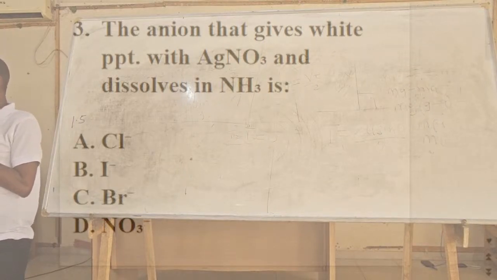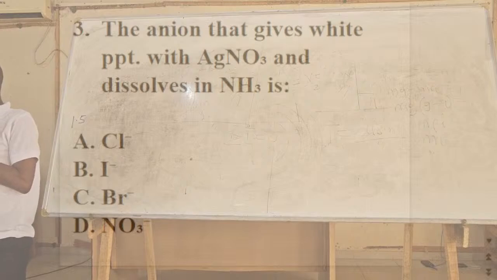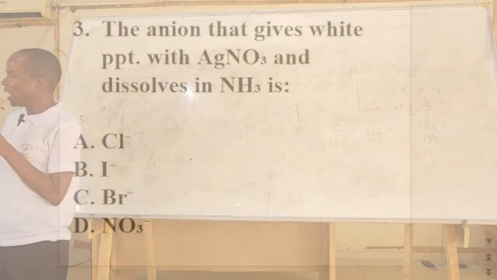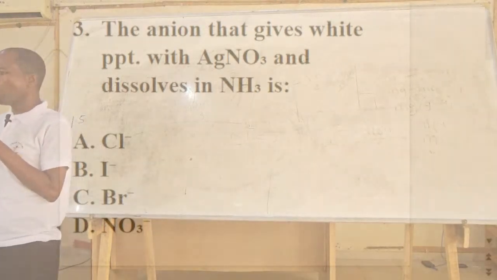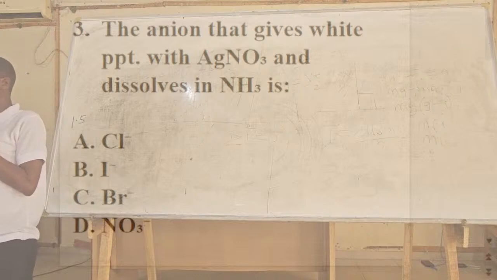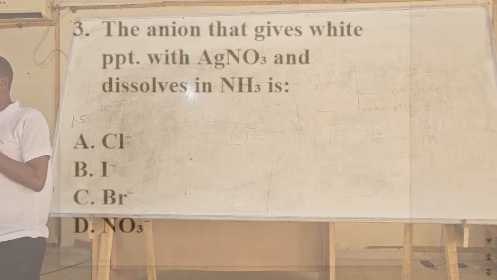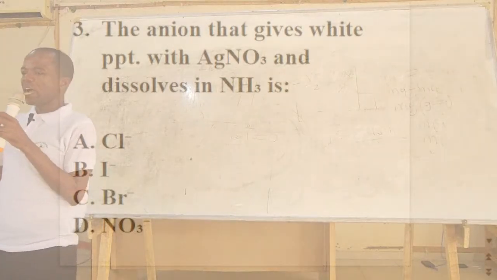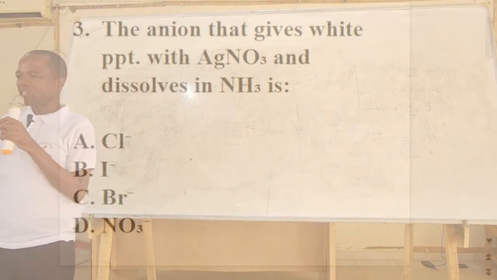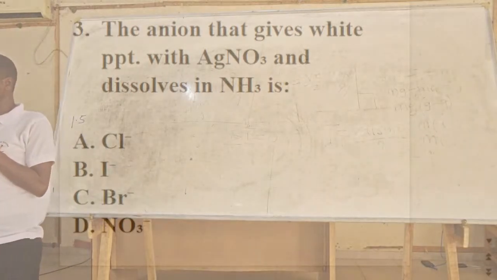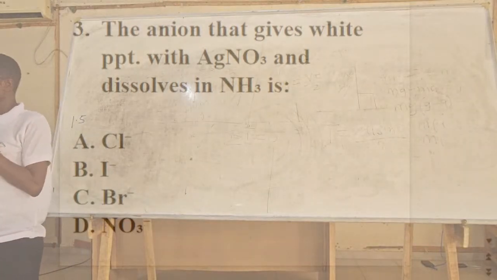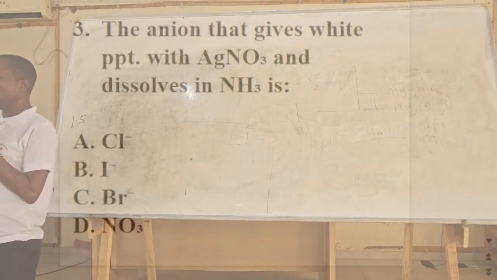That pale yellow precipitate will be soluble in excess aqueous ammonia. But when you are testing for iodide ion, it's going to give a deep yellow precipitate when you add AgNO3 and HNO3 to it. That particular deep yellow precipitate will be insoluble in excess aqueous ammonia.